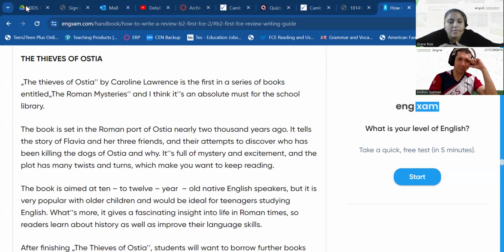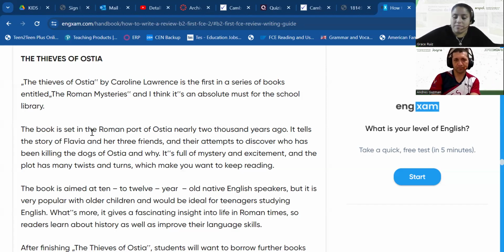The book is aimed at 10 to 12-year-old native English speakers, but it is very popular with older children and would be ideal for teenagers studying English. What's more, it gives a fascinating insight into life in Roman times, so readers learn about history as well as improve their language skills.